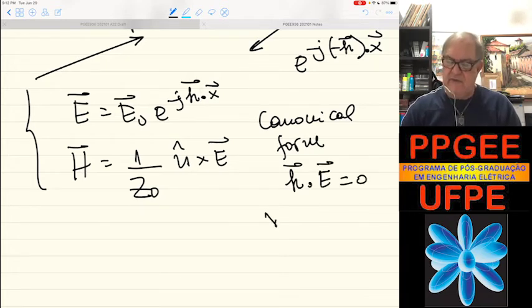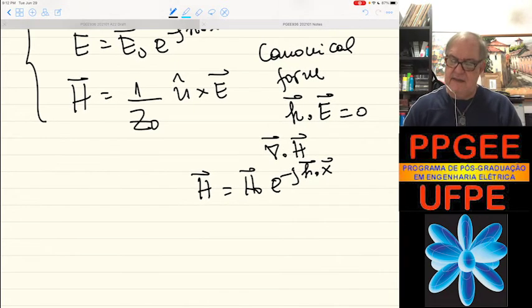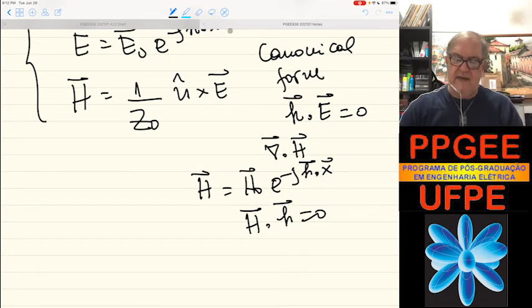If we go to the divergence of H, of the form H0 exponential, for the same reason H is orthogonal to k. Well, we can see here, H is orthogonal to u, which gives the direction of k. And H is also orthogonal to E, and is given by this relationship.